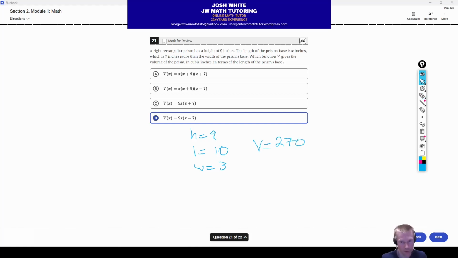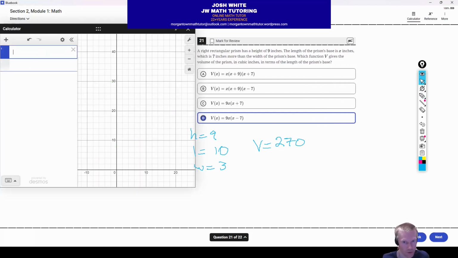Now we just run through the answer choices, and I would probably go to Desmos, or if you have your handheld calculator, you can do it there, and just plug them in and see what you get. Technically, just to make a note, the 10 is what I designated as x. So the 10 is the value being plugged in for the x in all of these formulas. First one, we got 10 times 10 plus 9 times 10 plus 7.